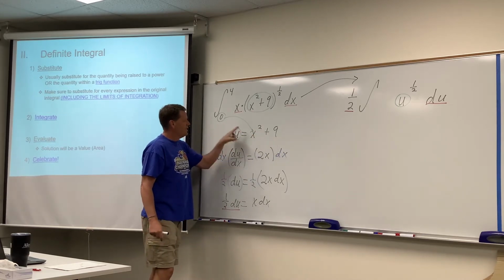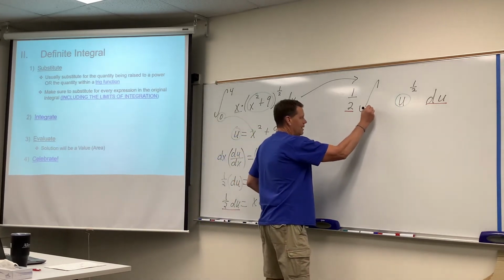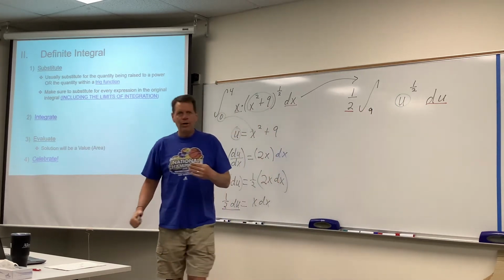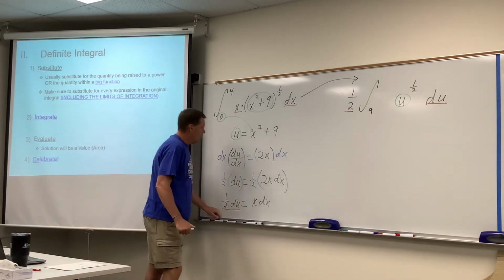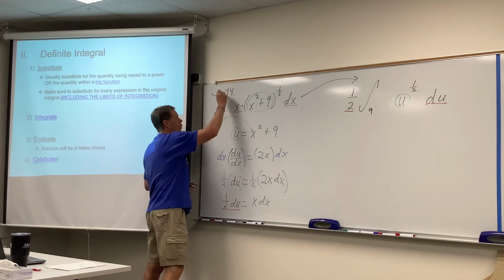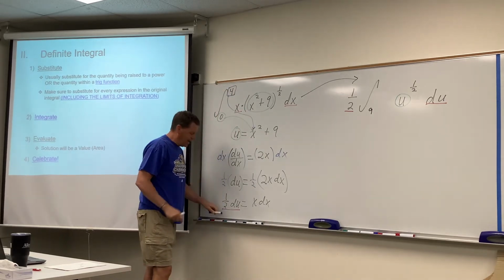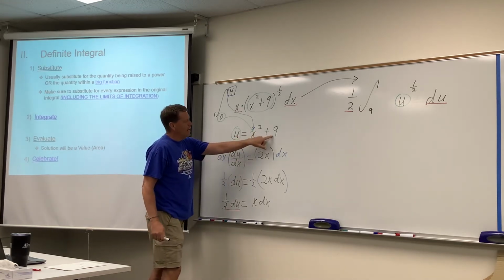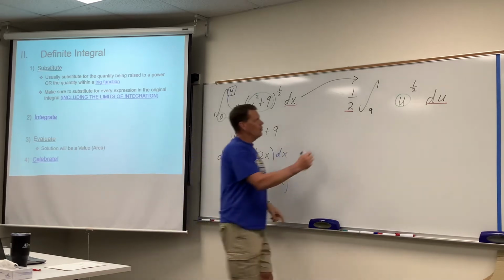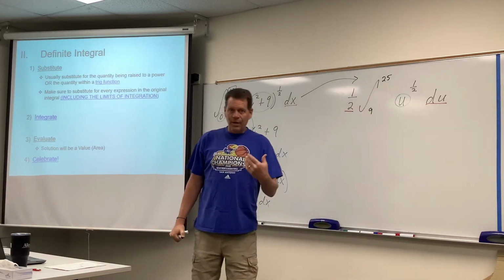So when x is 0, u would equal 9. Notice that lower limit of integration changed. And likewise, the upper limit of integration, the 4, is also a value of x. We plug it in for x. And 4 squared is 16 plus 9, 25. So that new upper limit of integration is 25.